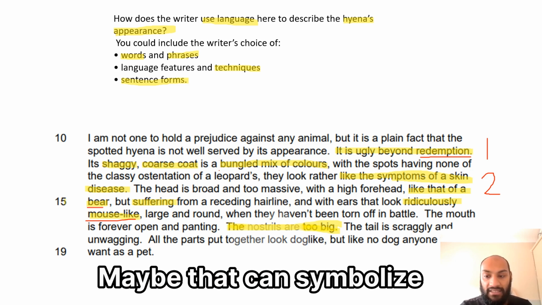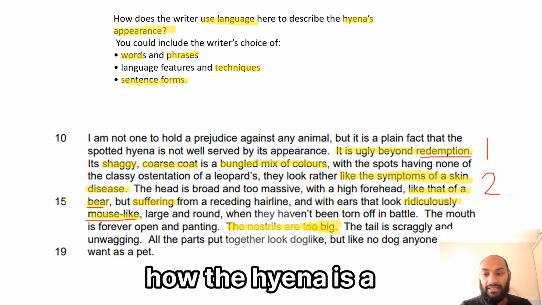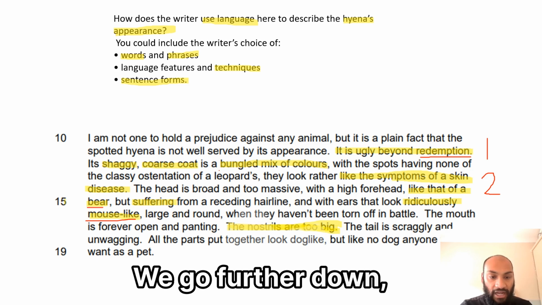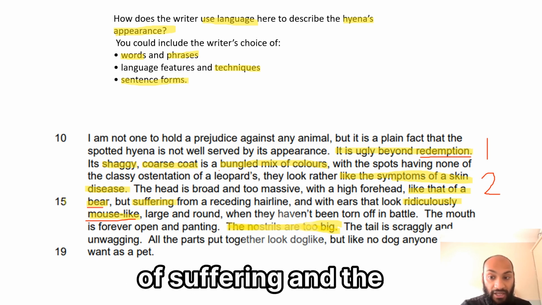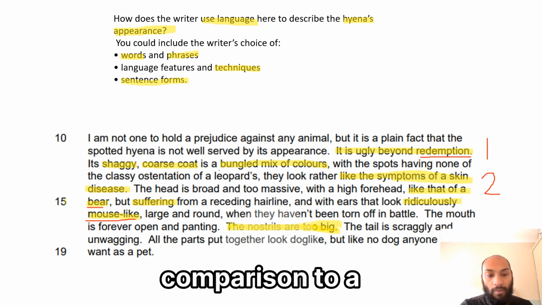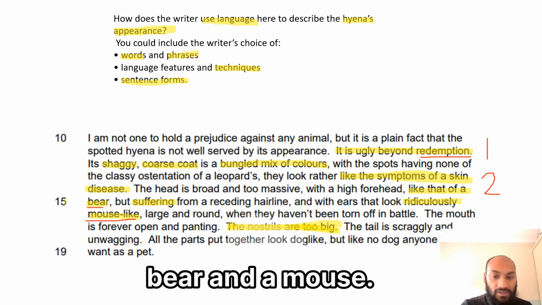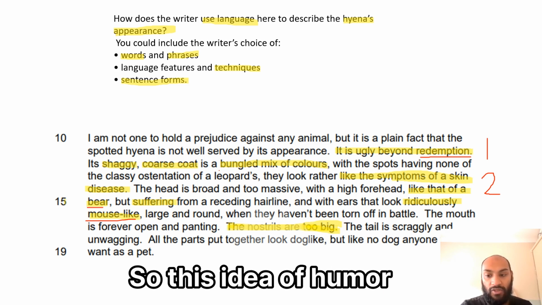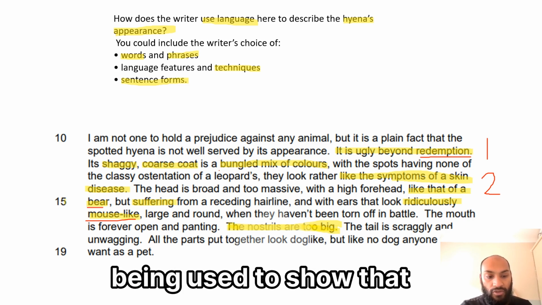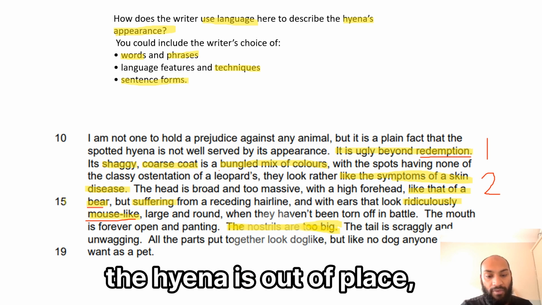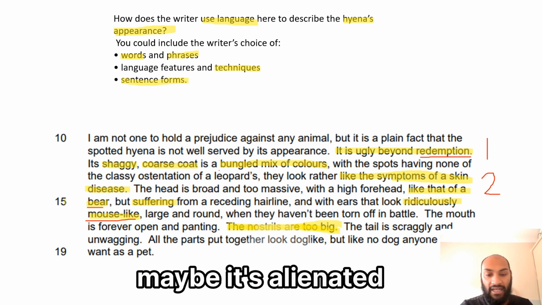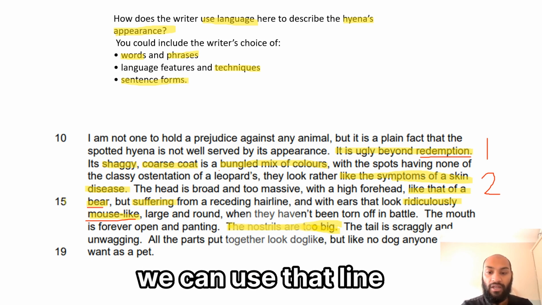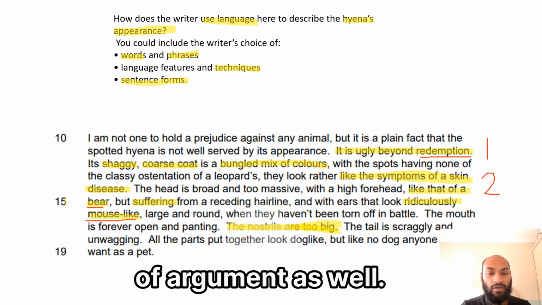Maybe that can symbolize how the hyena is a symbol of destruction. We go further down, the hyena is a symbol of suffering, and the comparison to a bear and a mouse, again, we can pick apart the connotation and how it's too big. So this idea of humor being used to show that the hyena is out of place, maybe it's alienated and doesn't fit into the animal kingdom. We can use that line of argument as well.